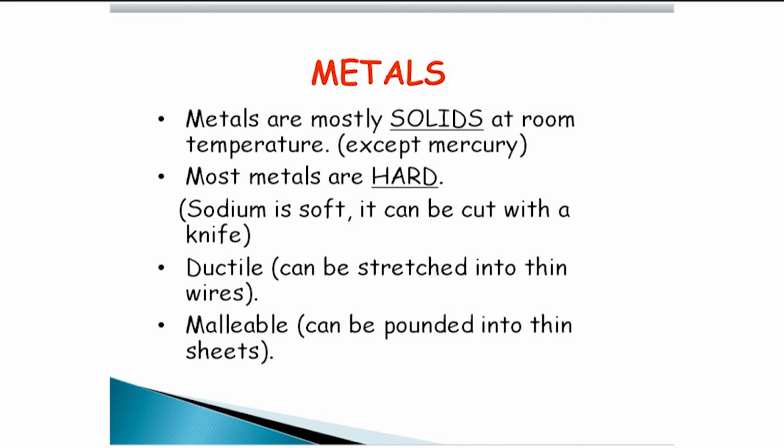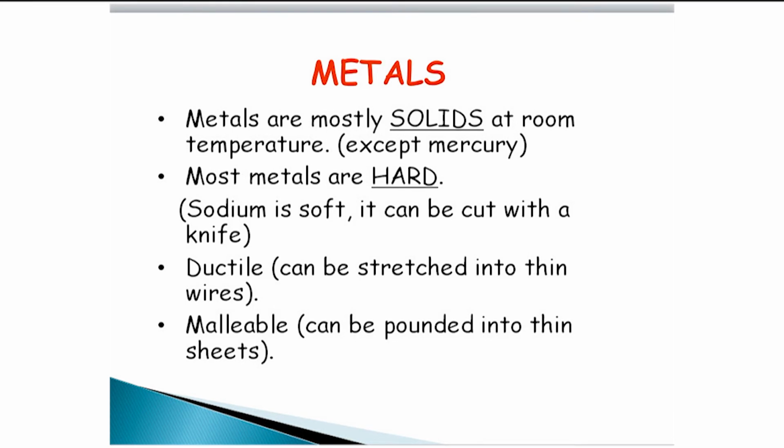Most metals are hard, but for sure the hardness differs from one metal to another. As an example, iron is so hard, but sodium is soft. You can cut sodium with a knife. All metals are ductile. Do you know what I mean by ductile?